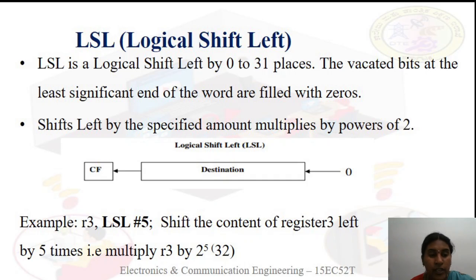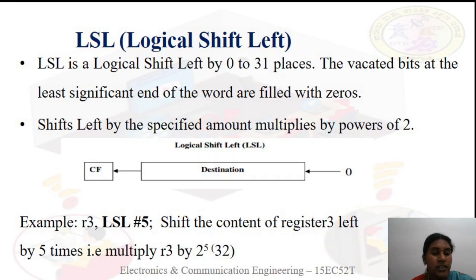It means you are shifting the content of register R3 logically left by 5 places. It is equivalent to multiplying the content of the register by 2 to the power of the amount. The amount is 5. So R3 times 2 to the power of 5, that is 32, will give the same answer.